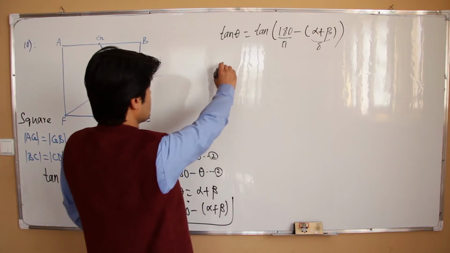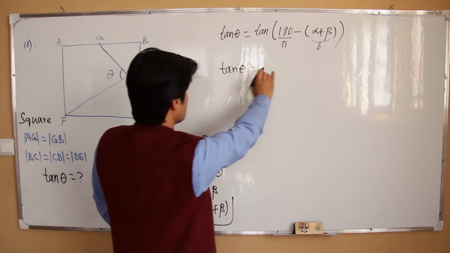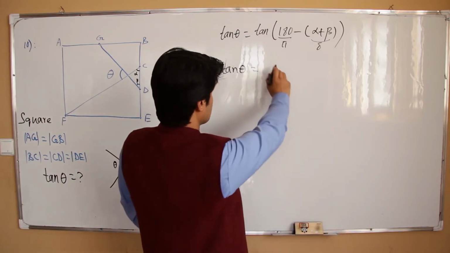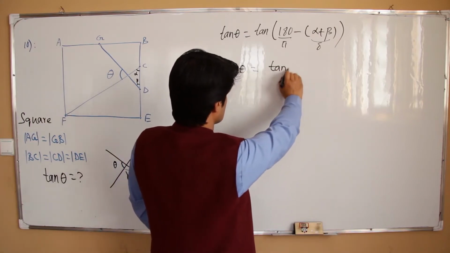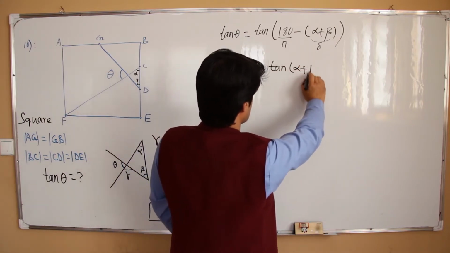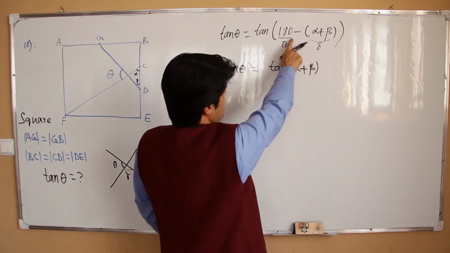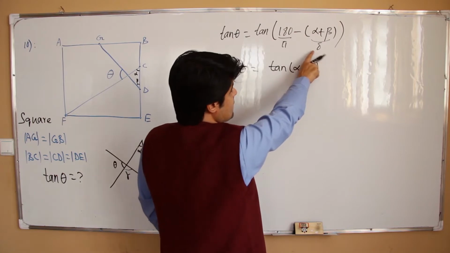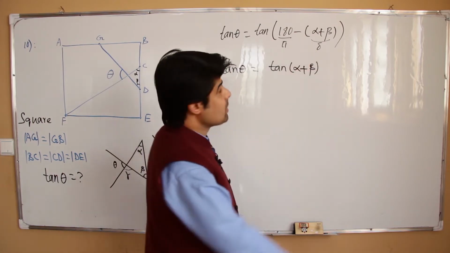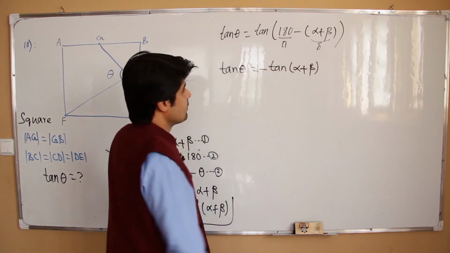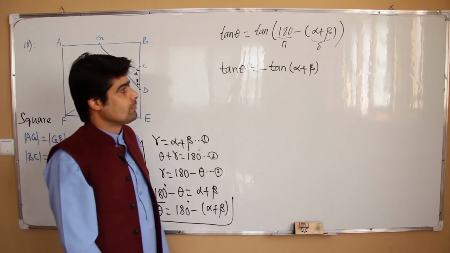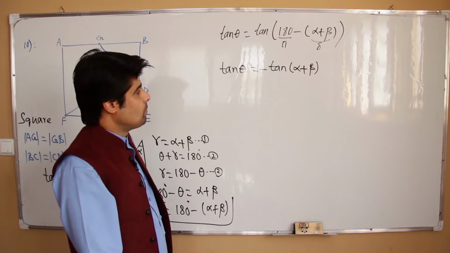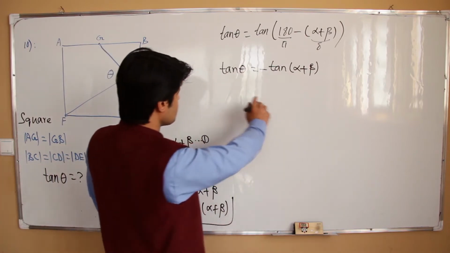It would be again tangent. I mean tangent of pi minus something, it would be tangent of this angle. But in which quadrant? Pi minus some angle is in the second quadrant. In the second quadrant, tangent would be negative.